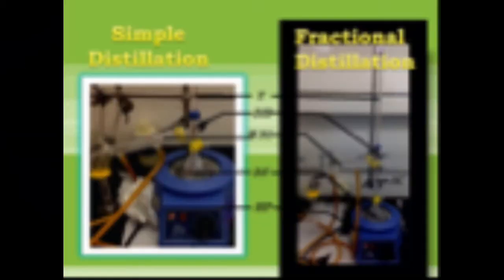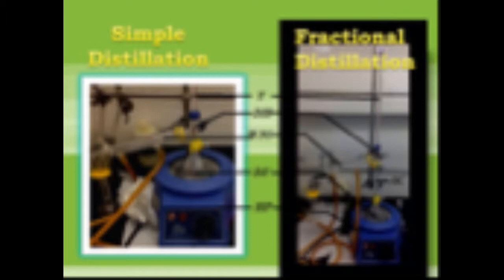This experiment is about extracting ethanol from a known percentage of ethanol and water mixture using both simple and fractional distillation. For chemicals, we need a known percentage of ethanol in water. For glassware and equipment, we need a thermometer, distillation head, water-jacketed condenser, and distillation flask.